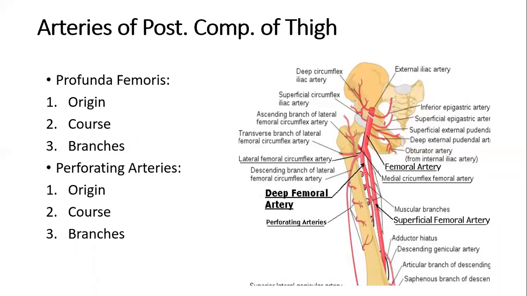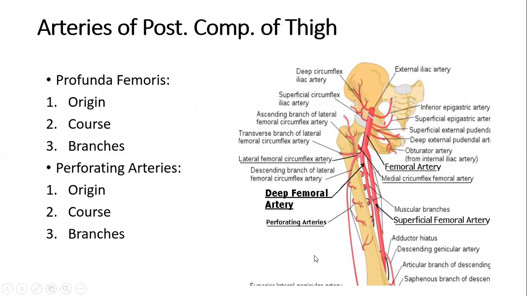Superiorly with the inferior gluteal artery, and inferiorly they anastomose with the branches from the popliteal artery. So in this way, they form an anastomotic network that extends from the gluteal region above up till the popliteal region below.